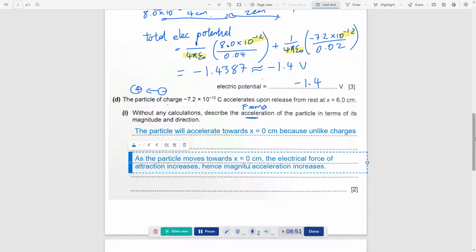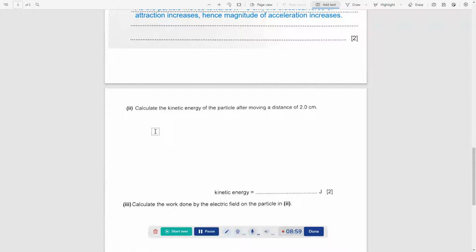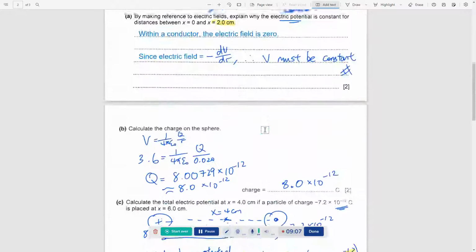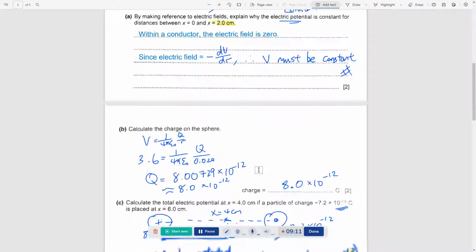To be clearer, magnitude of acceleration increases. So we are tackling by Newton's second law, F equals ma. Next, calculate the kinetic energy of the particle after moving a distance of 2 cm. So this is conservation of energy. So we are calculating after it moves from 6 cm to 4 cm.